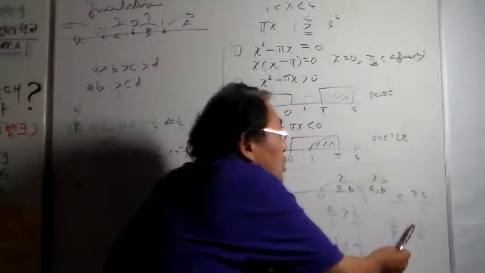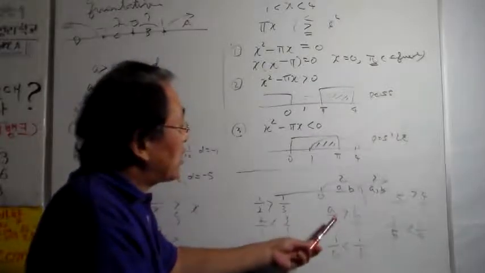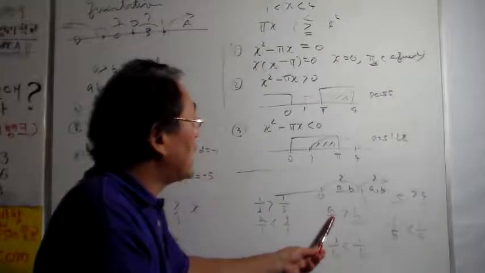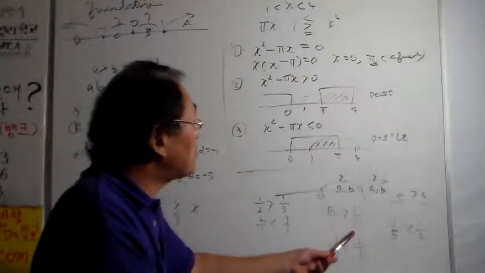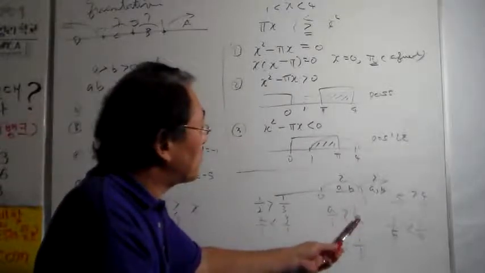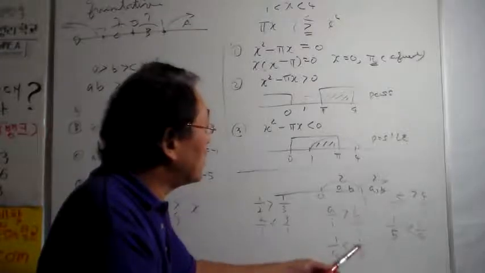That's why the sign changes. So in general, any numbers in this range, if A is greater than B, then the reciprocal of A is 1 over A and the reciprocal of B is 1 over B.